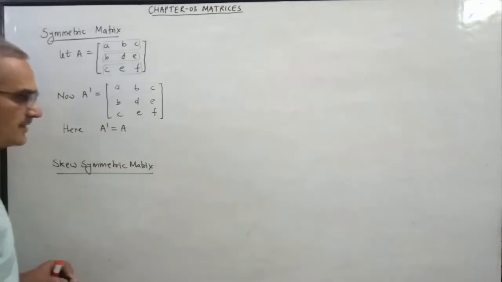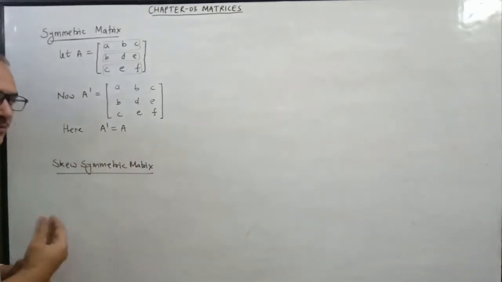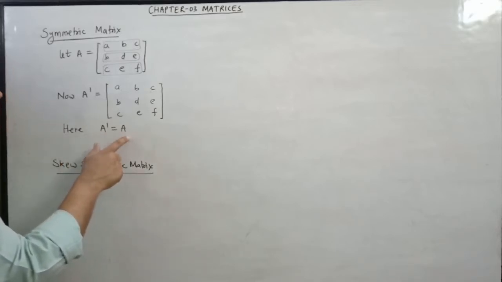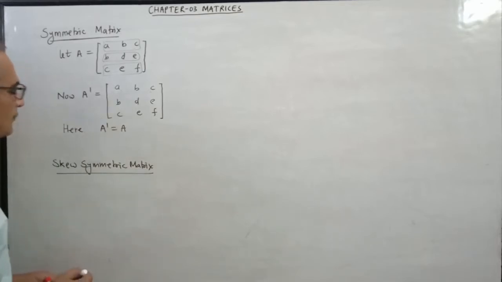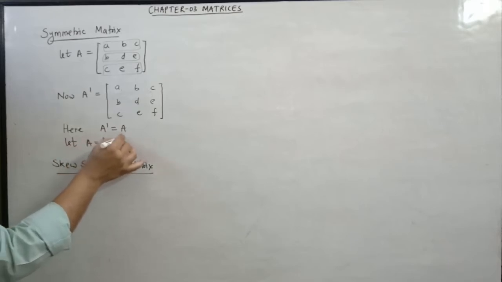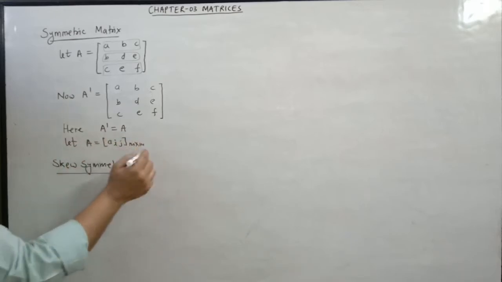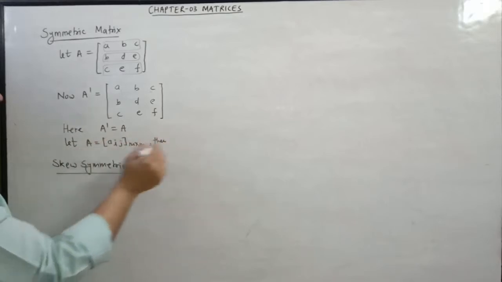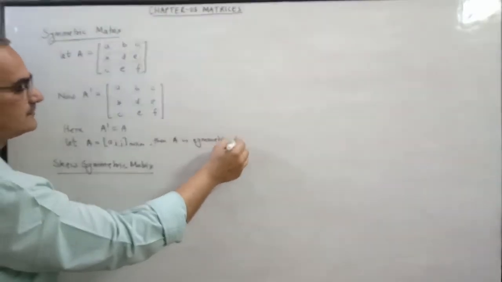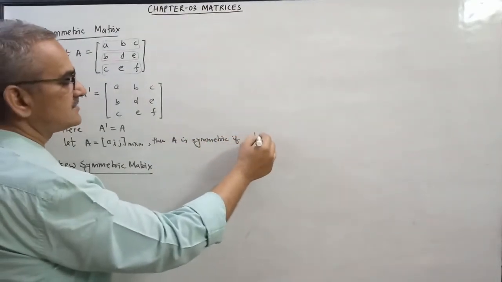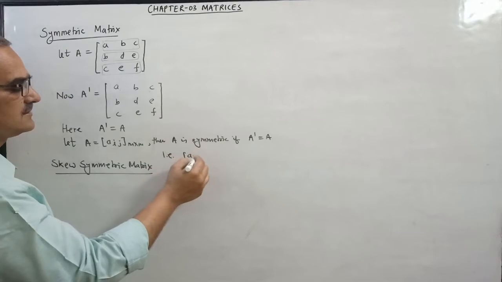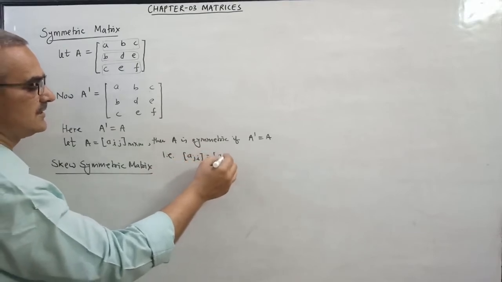So a square matrix A is said to be a symmetric matrix if the transpose of the matrix is equal to itself. Okay, so in a general way, if you say let matrix A is equal to Aij of order m by m, okay, then A is symmetric if A dash is equal to A, that is, matrix Aji is equal to Aij.